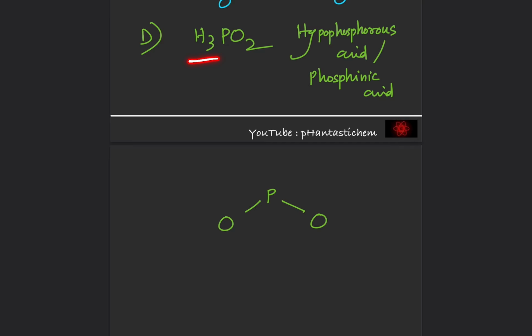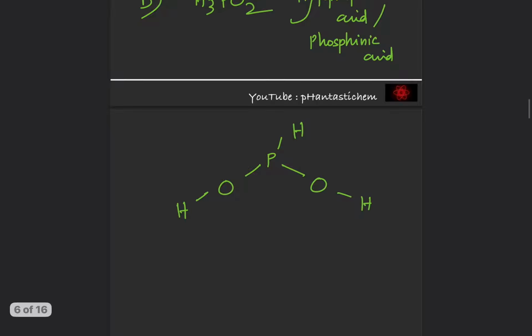So you can connect 2 hydrogens, 1 here, and 1 with a P-H bond, right? So we connect 1 hydrogen here, 1 hydrogen here, and we make a P-H bond, right? So you can see this is not correct. This might be satisfying the formula, 3 hydrogens, 2 oxygens, and 1 phosphorus. Yes, it is satisfying the formula, but this is not the correct answer because covalency 5 of phosphorus is not satisfied.